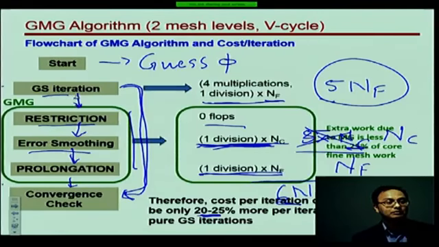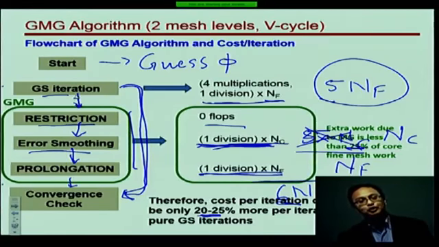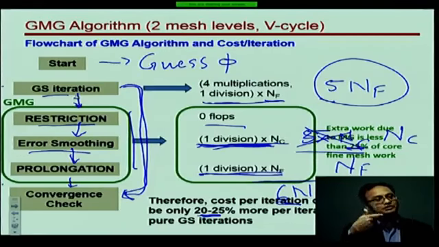So suppose you solve for phi on the fine mesh, and then what do you do with the phi in the coarse mesh? You can use that as an initial guess for the coarse mesh. But once you get a new solution on the coarse mesh, what do you do with that? All you can add to the fine mesh is a correction. The coarse mesh solution doesn't mean anything. You have to add back an error or a correction to the fine mesh solution.